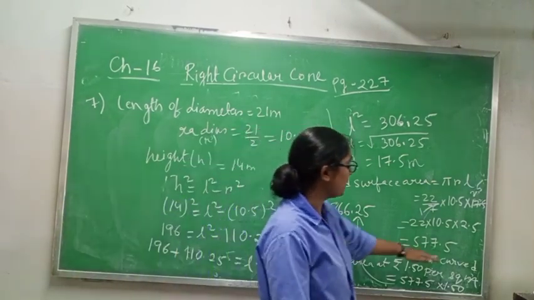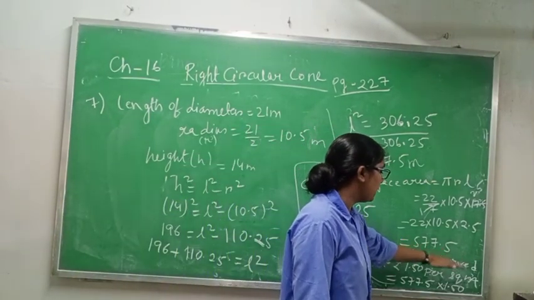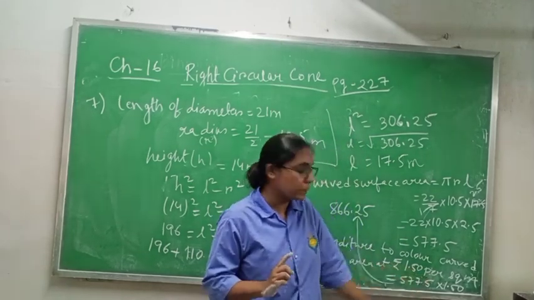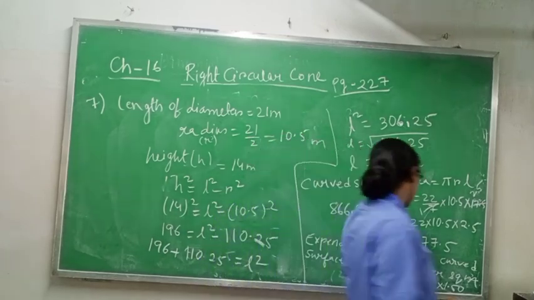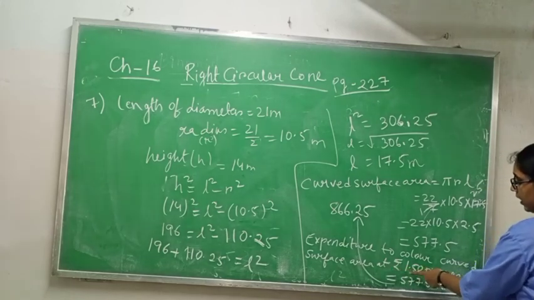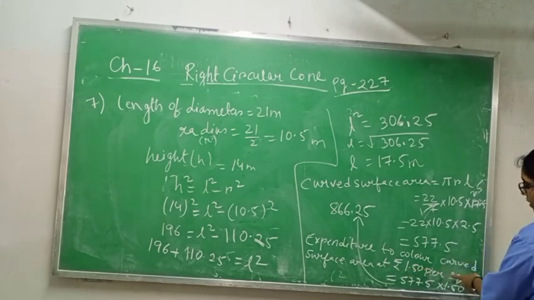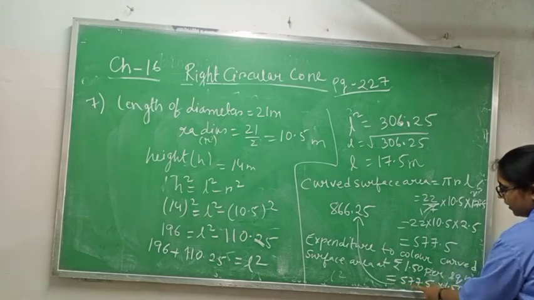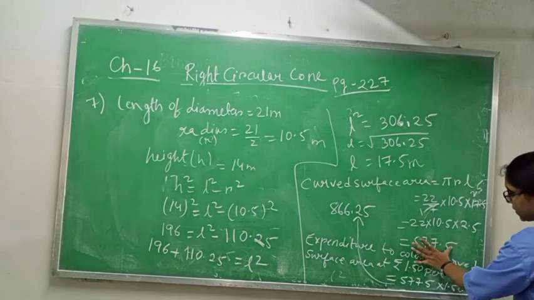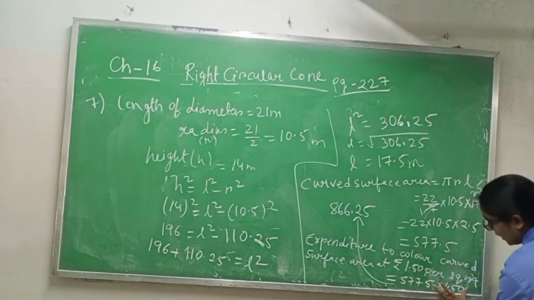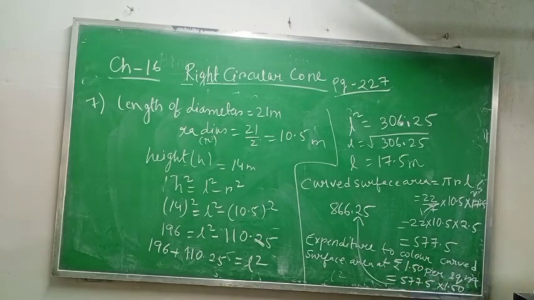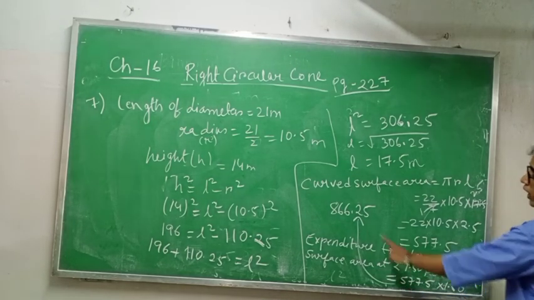It means this 577.5 will be multiplied with the per square meter cost, which is rupees 1.50. That is why I have written expenditure to color curved surface area at rupees 1.50 per square meter equals 577.5 into 1.50. When you multiply these two, you will get the answer.